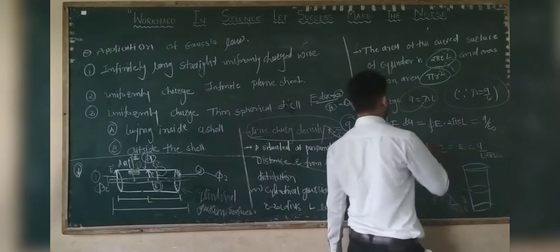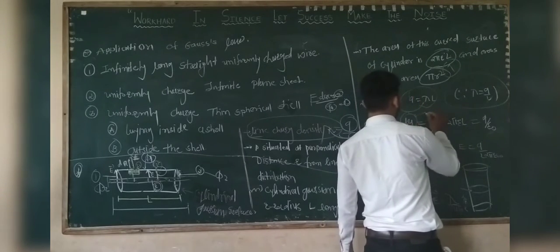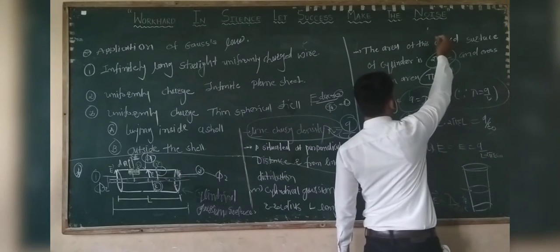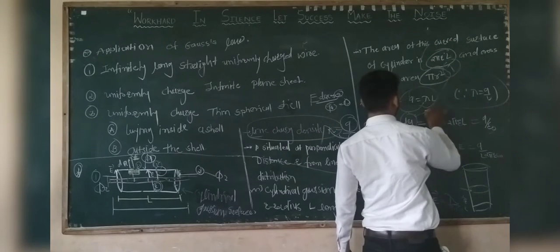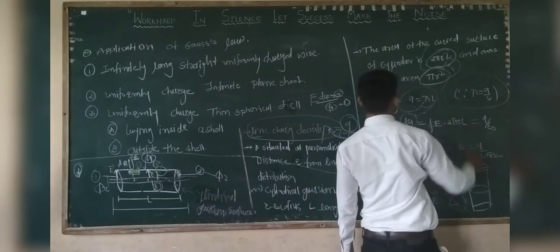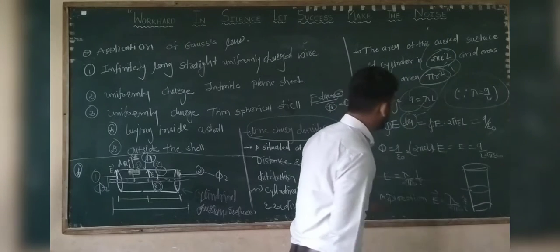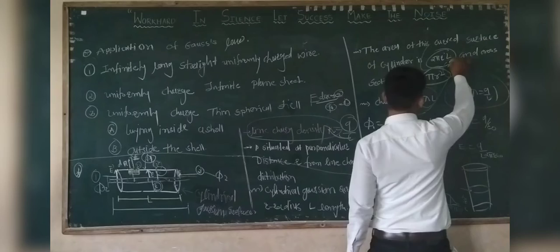But see here, dA is the Gauss surface area of the cylinder. It is equal to 2 pi rl.